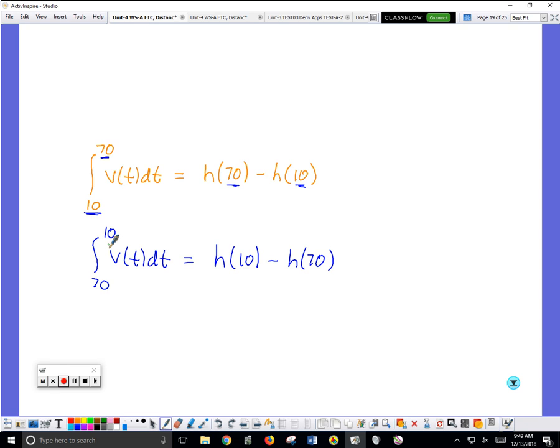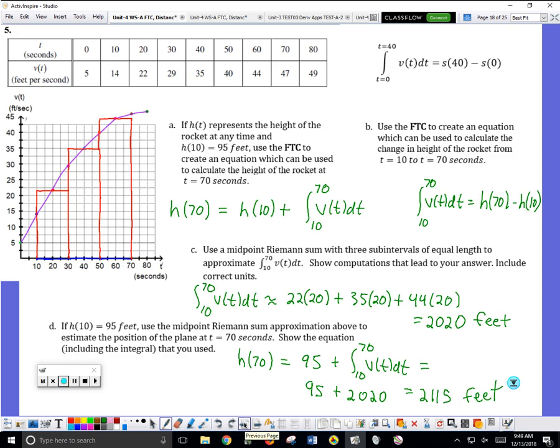If it's negative 2020, how is it the same as positive 2020? So remember, this value is representing the fact that the rocket, in this case, is going upward, and it starts at some height. I don't know if they told us, right? H of 10 is 95.